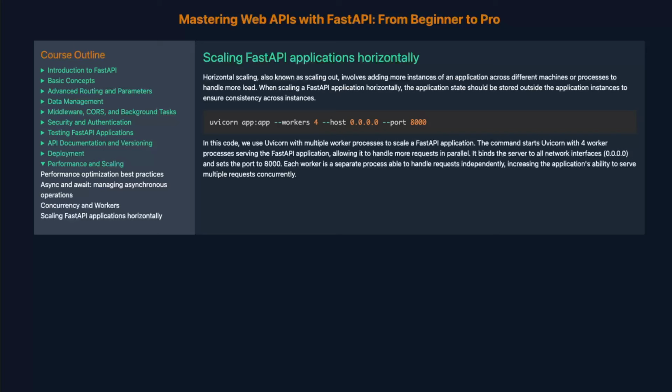The command starts uvicorn with 4 worker processes serving the FastAPI application, allowing it to handle more requests in parallel. It binds the server to all network interfaces, 0.0.0.0, and sets the port to 8000. Each worker is a separate process, able to handle requests independently, increasing the application's ability to serve multiple requests concurrently.